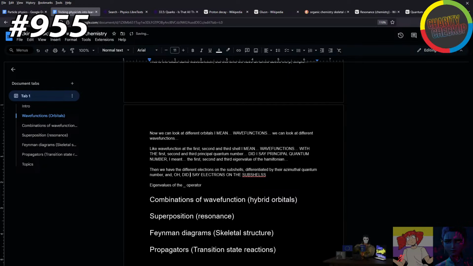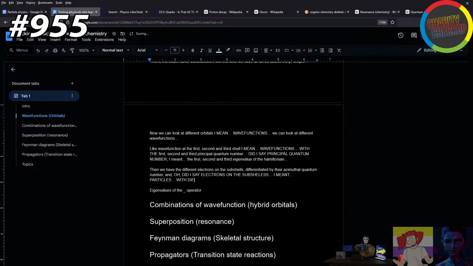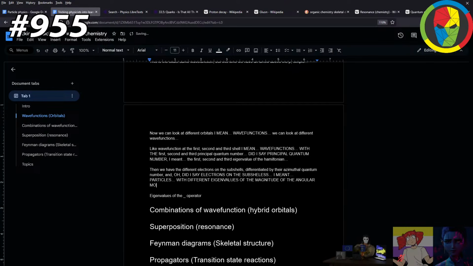And oh, did I say electrons on the subshells? I meant particles with different eigenvalues of the magnitude of the angular momentum operator. Alright, magnitude of the angular momentum operator is what I meant to say.